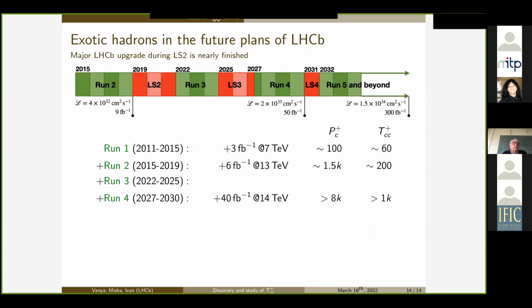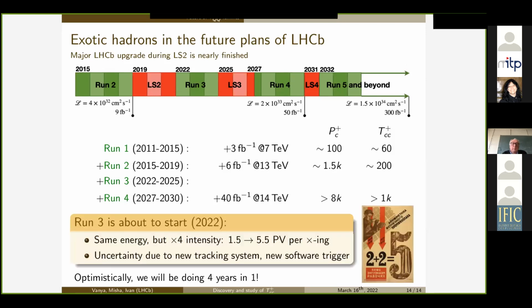So what are our prospects for that? It seems that it's much harder to reconstruct the BC tetraquark or the double beauty tetraquark because of the suppression in the cross sections, and especially the branching fraction of the reconstruction. However, in future runs we expect to gather much more data.